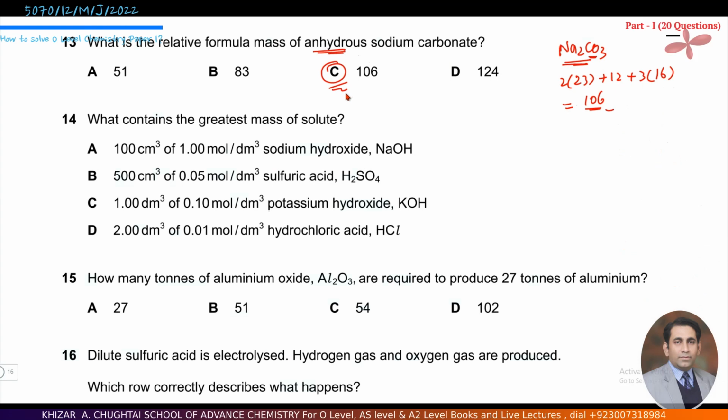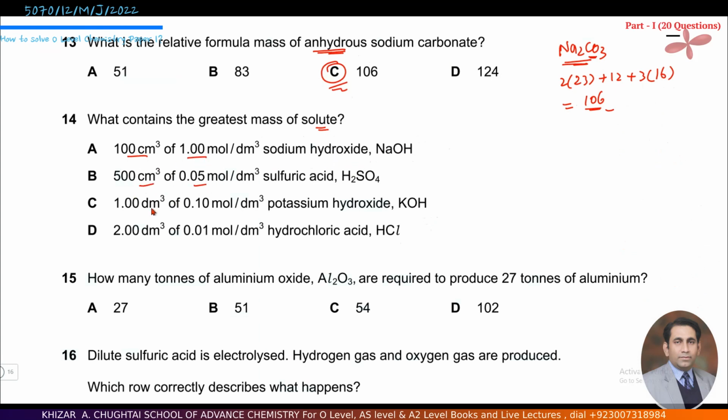Come towards the next one, question number 14. Which option contains the greatest mass of solute? Here's the volume and here's the concentration for every solute.